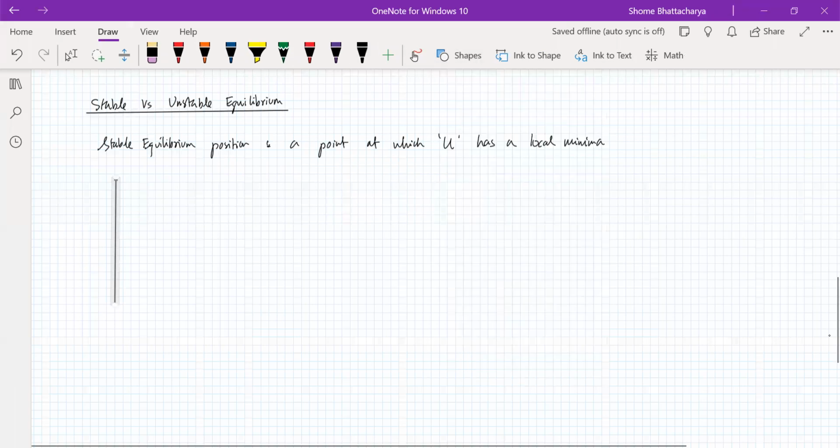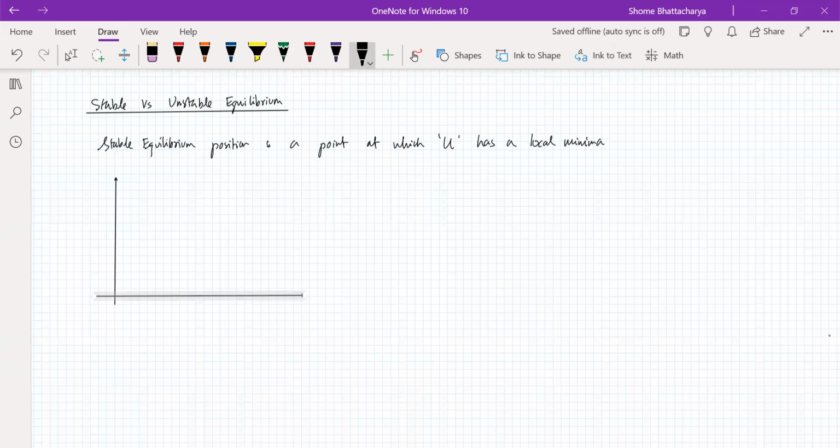As the name suggests, stable equilibrium means that when our system is in that particular point, obviously equilibrium means net force should be zero, but it also means that it has a tendency to come back to that point because it's stable at that point. Okay, so if we move the system away from that point also, it should have a tendency to come back to that point.